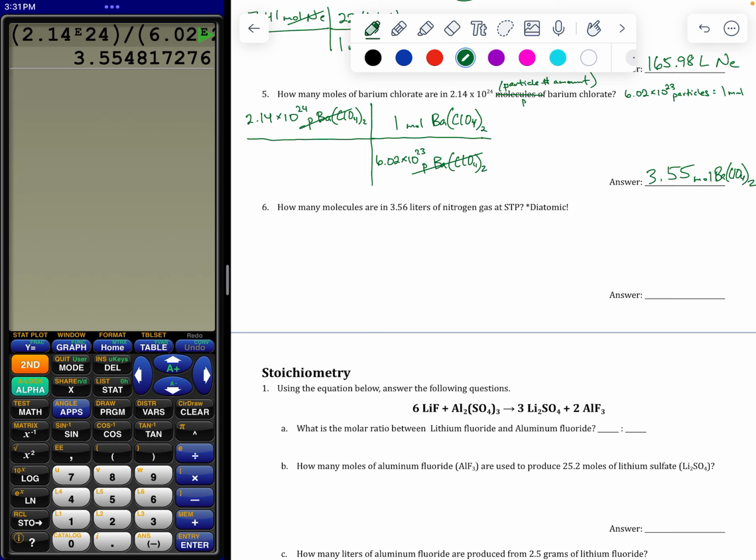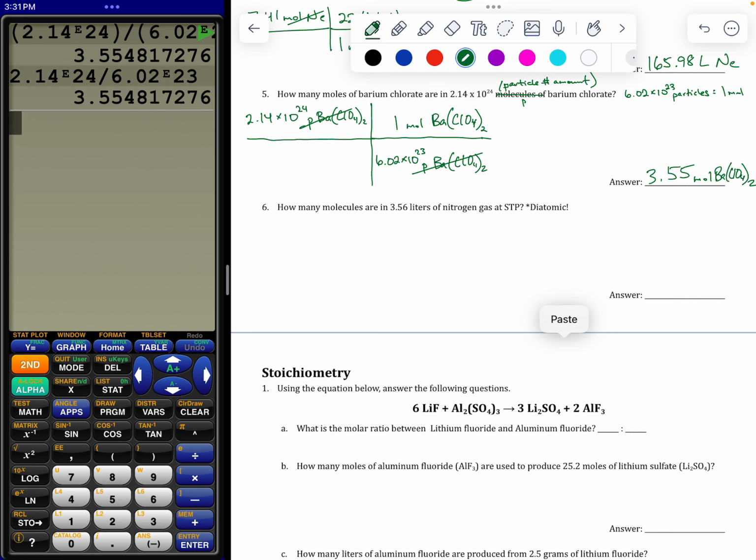All right, now, if you did not do that, so let's say we do 2.14, and we do the same thing, but we don't use parentheses, chances are your calculator is kind of going to mess it up. This one doesn't. It takes into account that value. Let's do it one more way. This is not anything you have to worry about. I just am curious for my own wonderment. But 6.02 times 10 to the 23rd.